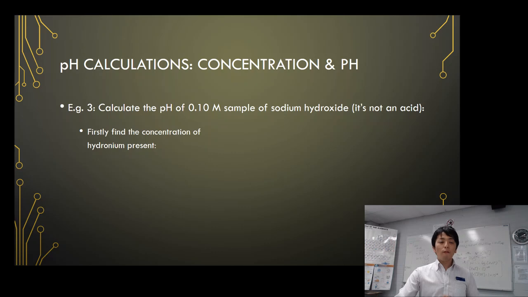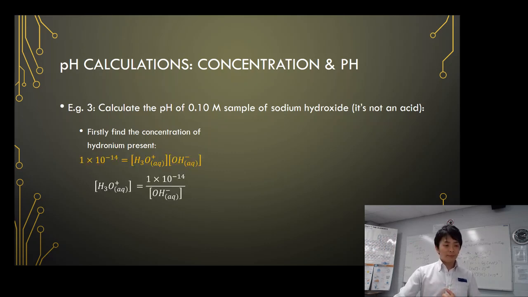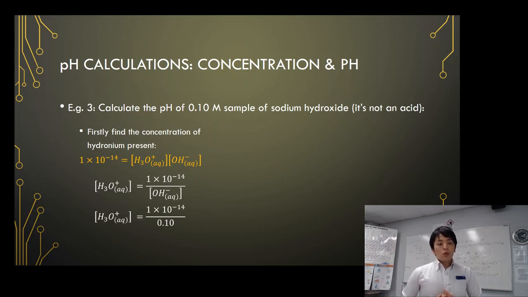Firstly, you have to convert the concentration of hydroxide ion to hydronium ion by using this, rearranging that first formula that was introduced and plotting the number, which is 0.10, into where the hydroxide ion concentration is.